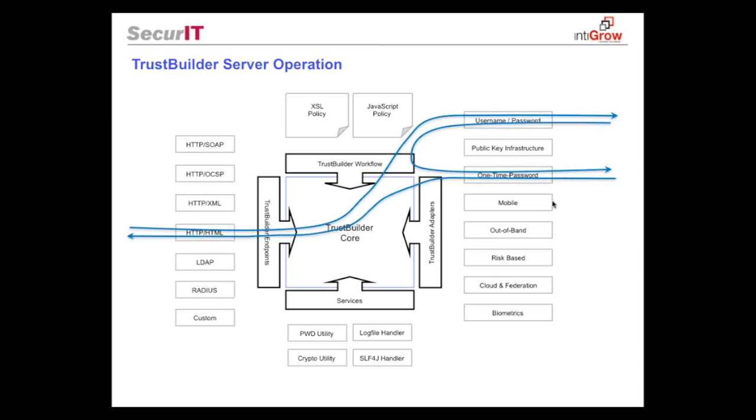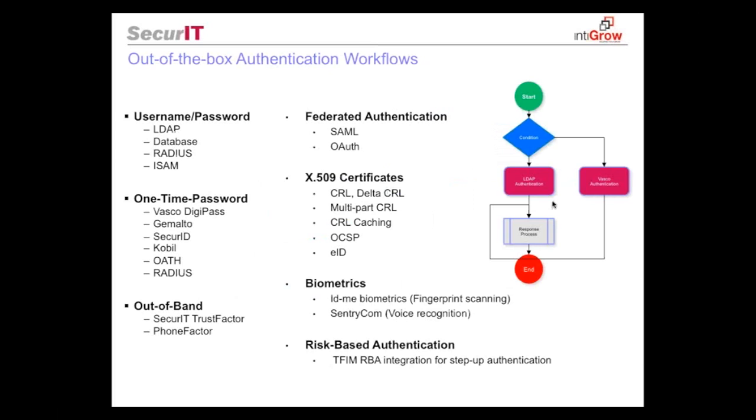So you basically get to mix and match the different adapters as you need to satisfy the risk and the authentication requirements in your environment. We provide a number of out-of-the-box authentication workflows. You saw the adapters earlier for ID and password and one-time password, and a couple of out-of-band capabilities.